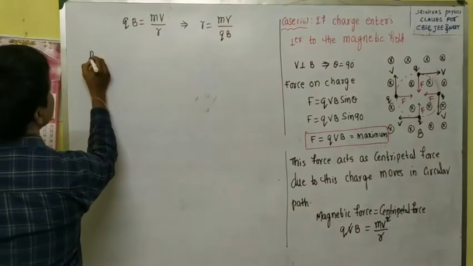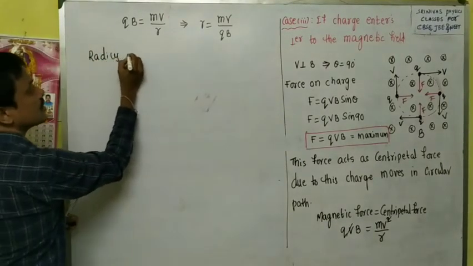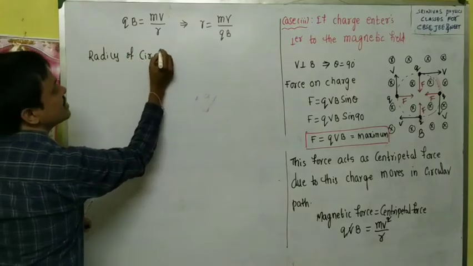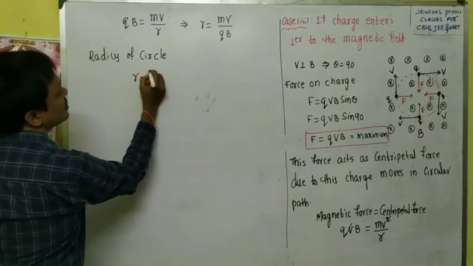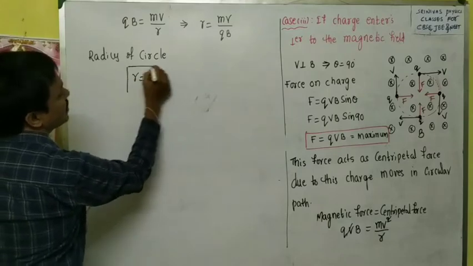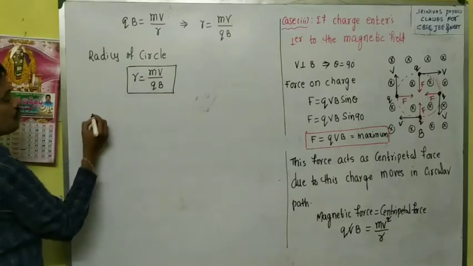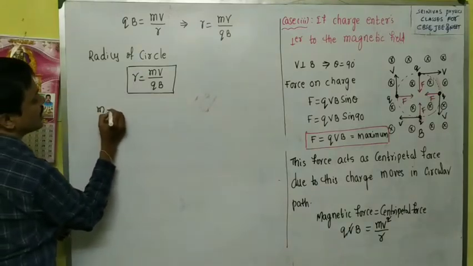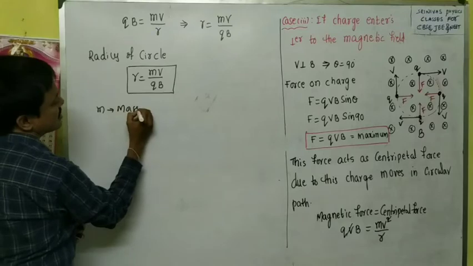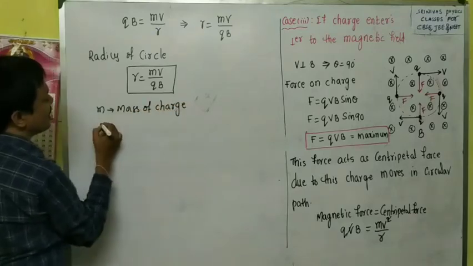The radius of the circle we will get as r is equal to mv by qB. Okay, this is the formula for the radius. And now in this, what is mv? m is the mass of the charge which is moving in a circular path. v is what? The velocity of the charge.